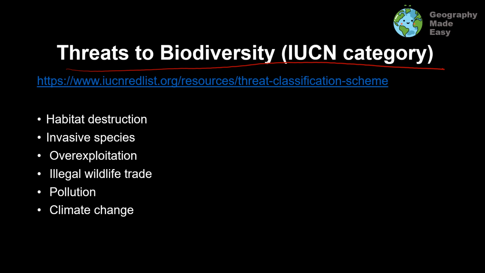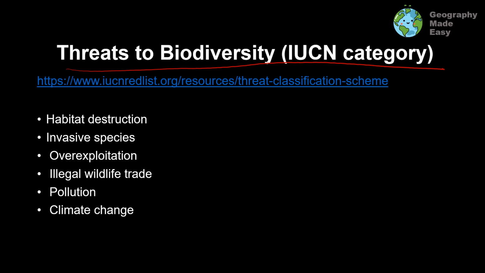Overexploitation of the natural and forest resources leaves the resources depleted, and we see biodiversity dying. Illegal wildlife trade, which is still prevalent in the world, where many people are still killing animals to be sold in the black market.